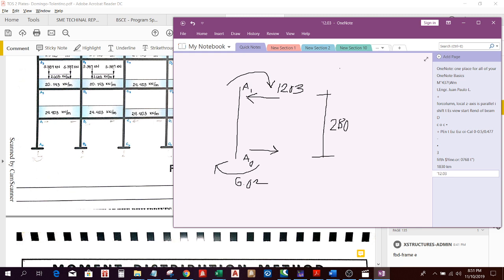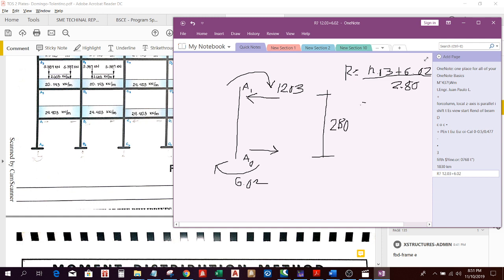Simply, the reaction is just 12.03 plus 6.02, divided by the height, 2.8.